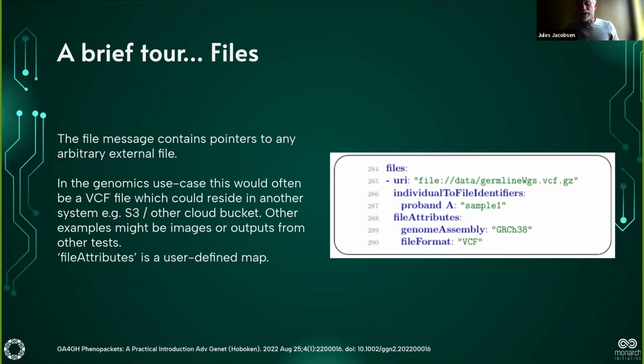But because we've got a real focus on genomics, we've got this file attributes, which is a freeform map or list or associative array, whatever you want to call it, for describing the attributes of a file. At least for the genomics part of things, we've got genome assembly and a file format where we've got recommended codes that you can put in there to actually describe what the file is all about.